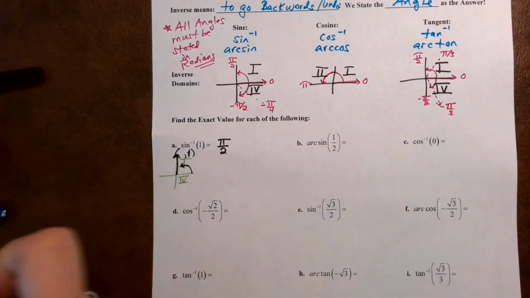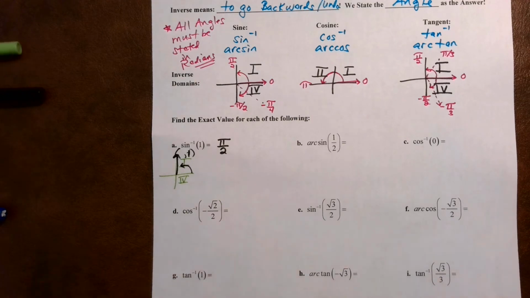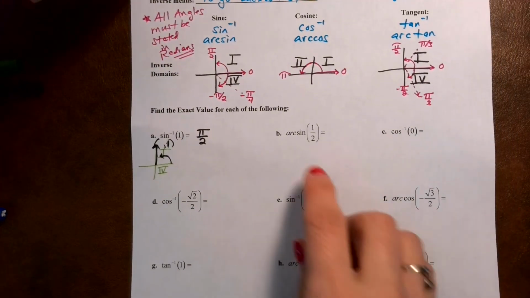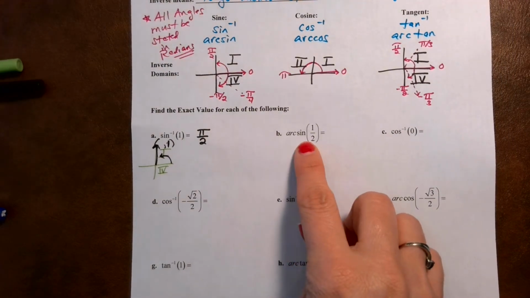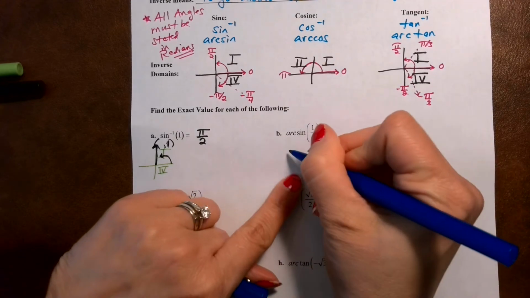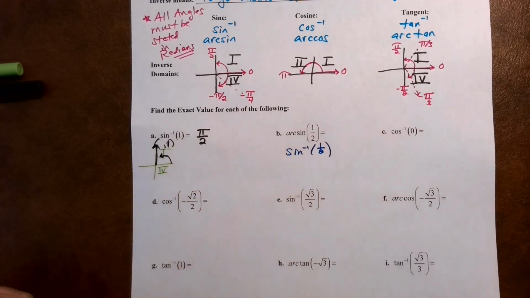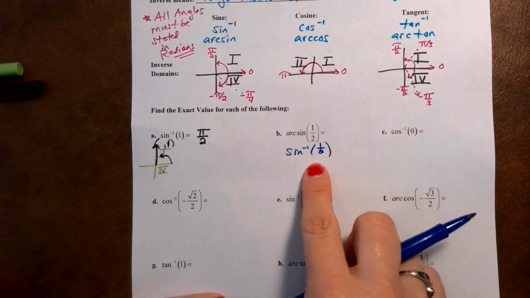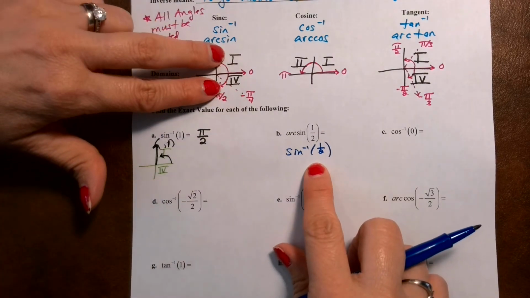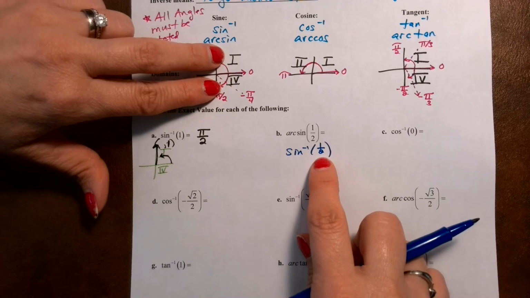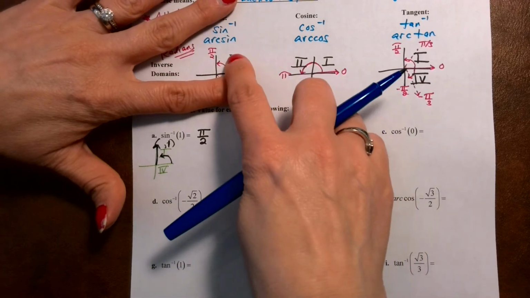Okay, you're trying to visualize where are we on the unit circle. Okay, if you don't like arc sine, you could very easily write this problem as sine inverse of 1/2. Okay, first of all, where am I allowed to look for sine? Quadrant 1 and 4. But this is a positive. Okay, that narrows it down to quadrant 1.